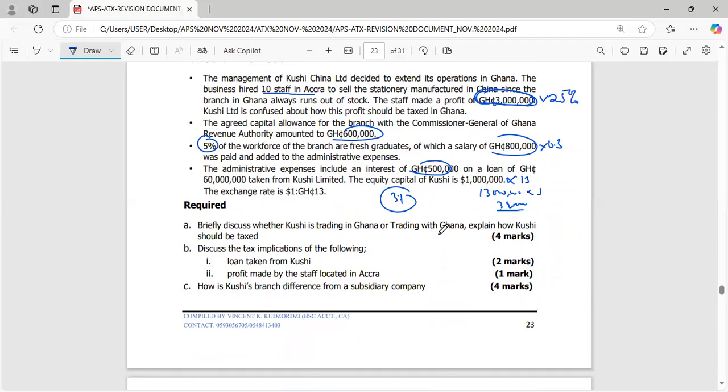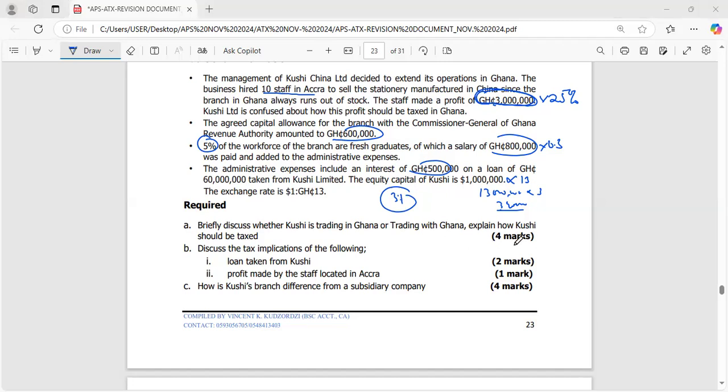All right, so how would they be taxed? 18.75%. Yes, because they are in Kumasi.